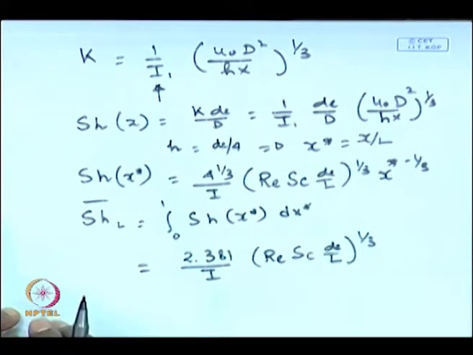Now this is a very crucial and important relationship. From this important relationship we can get various interpretations about the mass transfer coefficient or Sherwood number in a channel where the channel walls are porous, unlike the channel walls being impervious in case of heat and mass transfer analogy.